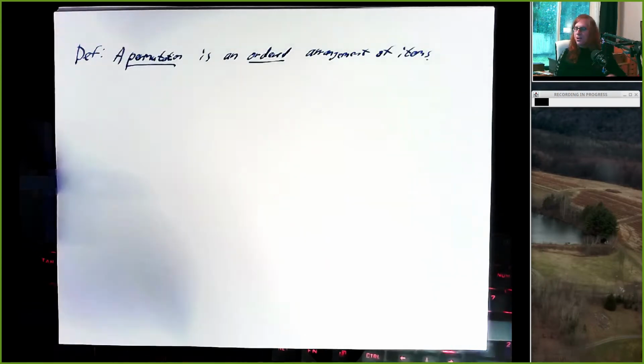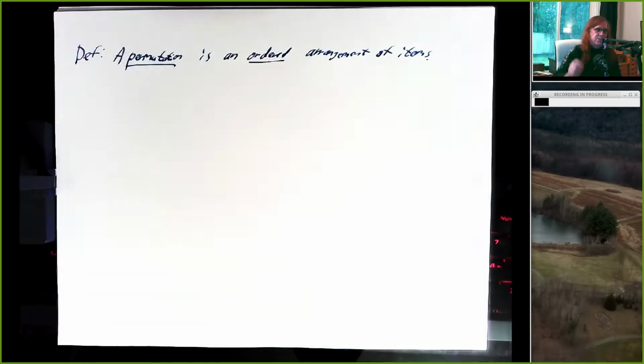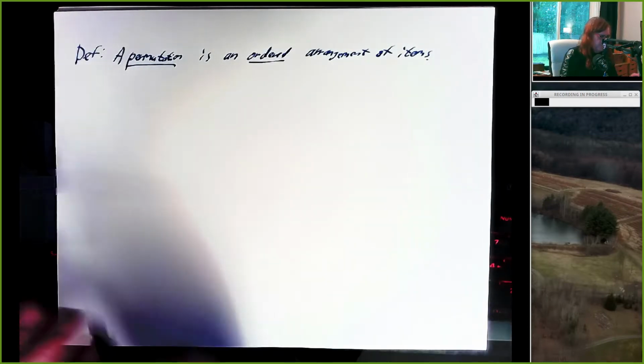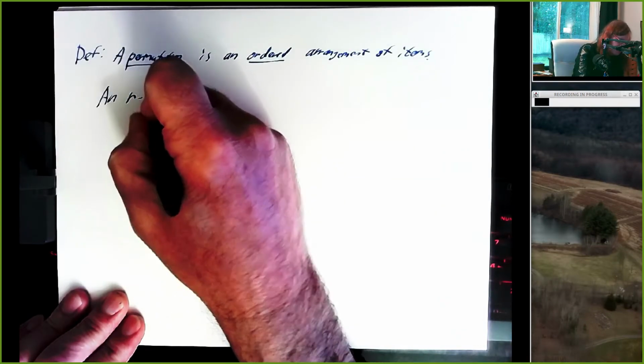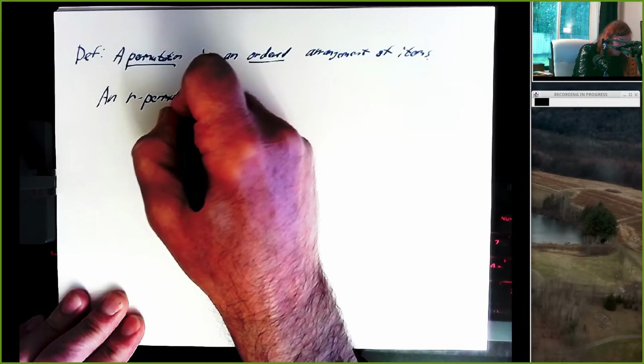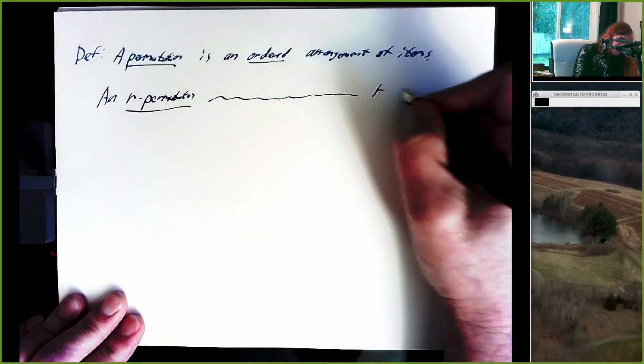The ordered part is going to be key, because combinations will be exactly the same, but they'll be unordered. So a permutation is an ordered arrangement of objects. And more generally, an R permutation is an ordered arrangement of R items.